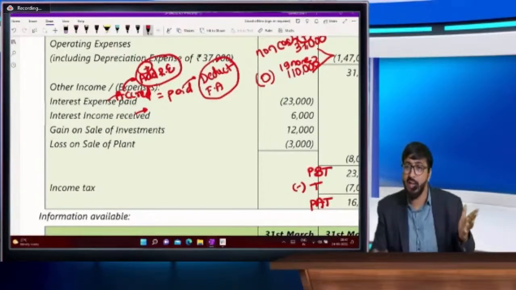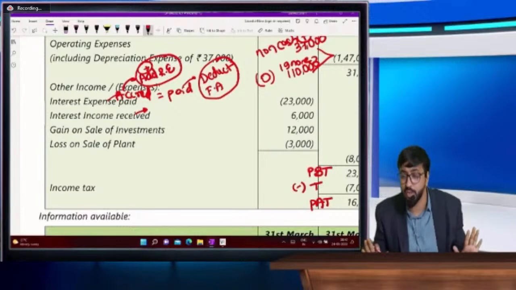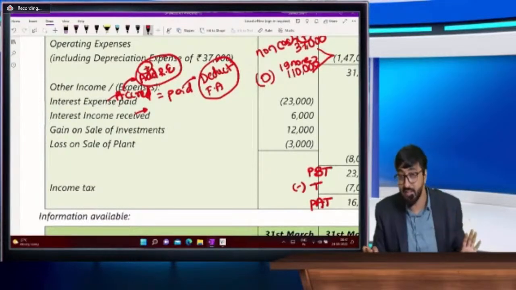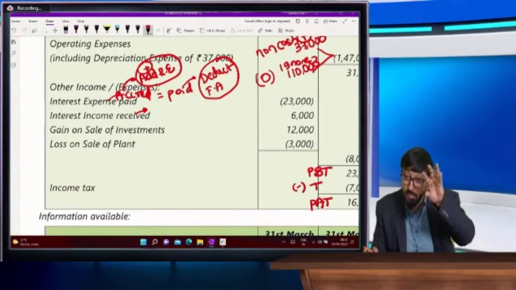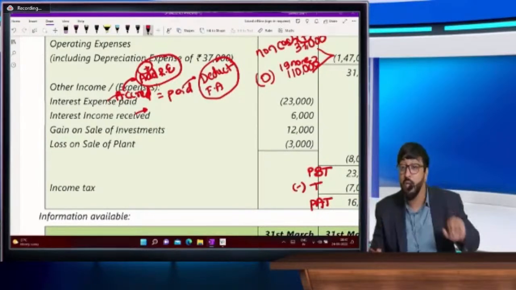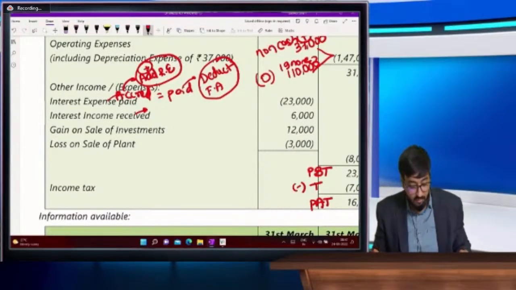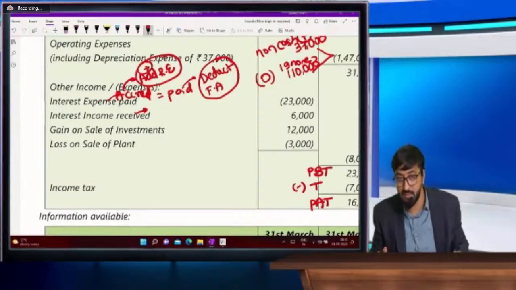Just give add less technique and khatam karo portion and finish your syllabus. But I'm not a faculty which will tell you about this concept of only add and less. It's very easy for me. I just want to tell you the concept of accrual versus cash when you utilize these concepts in your real life. ऐसा समझ के आना चाहिए कि ये संकेत सर के स्टूडेंट्स है, they are different from other students.